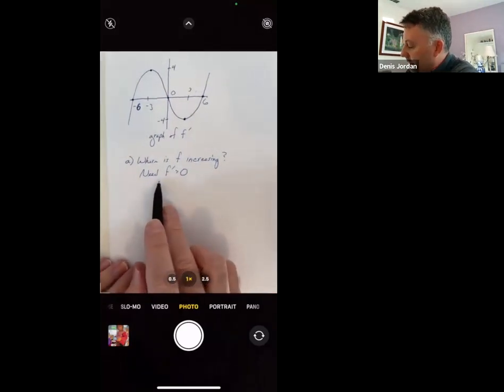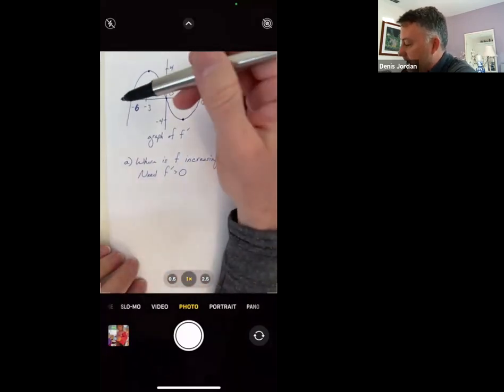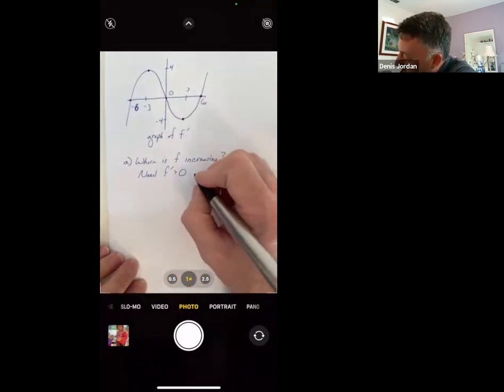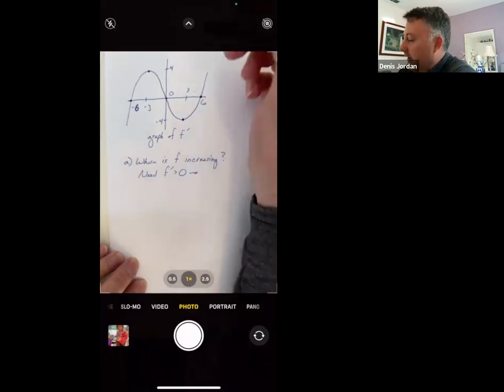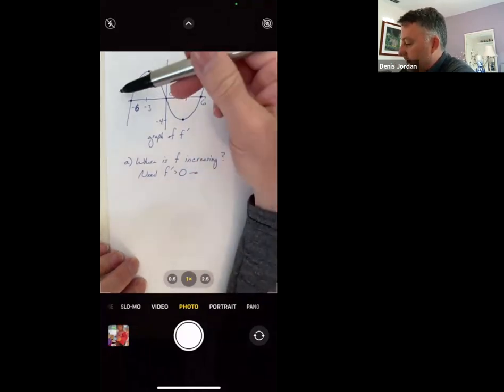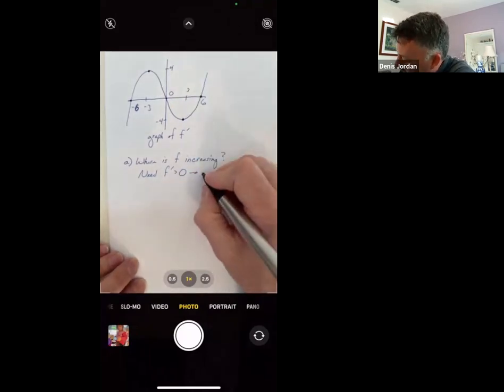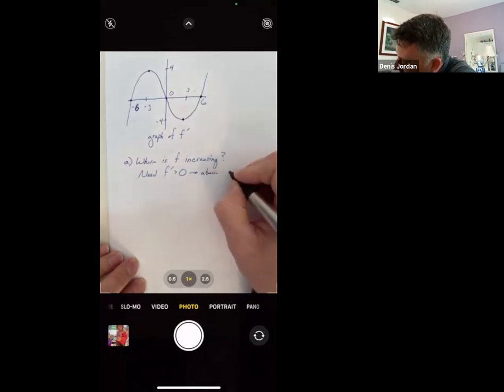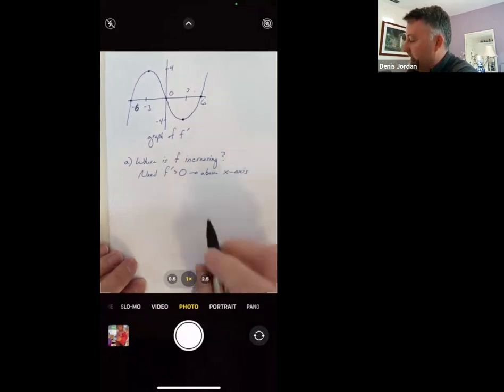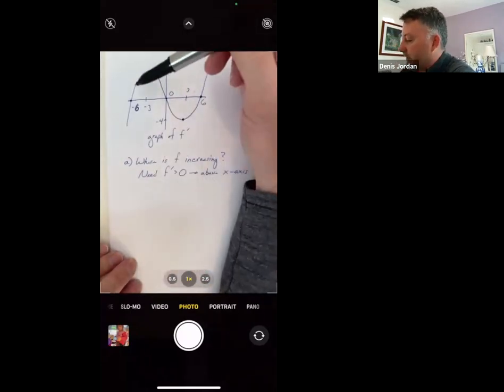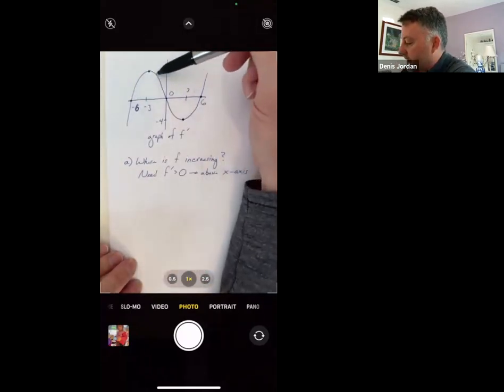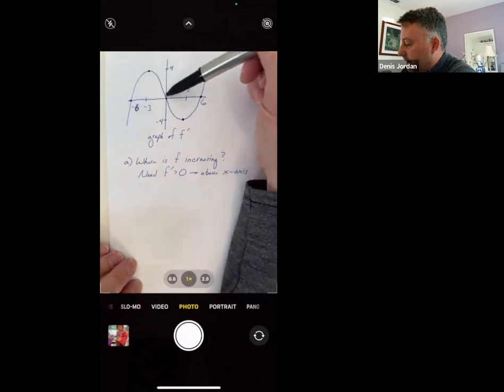So if we're looking for where the derivative is positive on the graph, that means you're looking for any section that's above the x-axis, because that's where all your derivative values are positive. So on this hill and then this end section here.